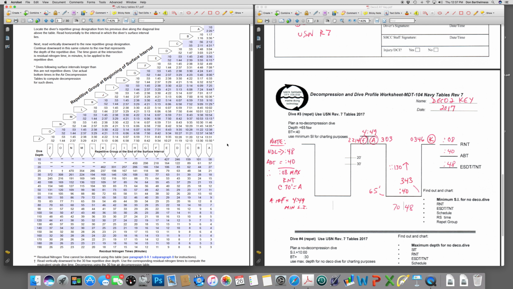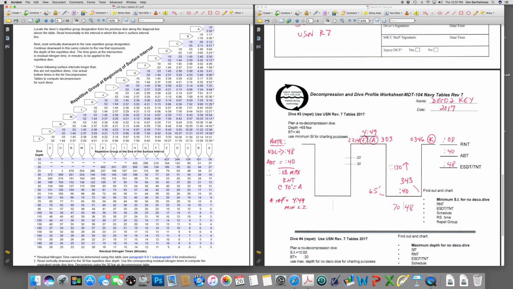That diver does have RNT going to 70 feet. And we saw previously that that diver is going to have 8 minutes. We're on bottom for 40 minutes actual. We write that here and here, 2 spots. Actual bottom time, the actual clock time we're going to spend in the water.